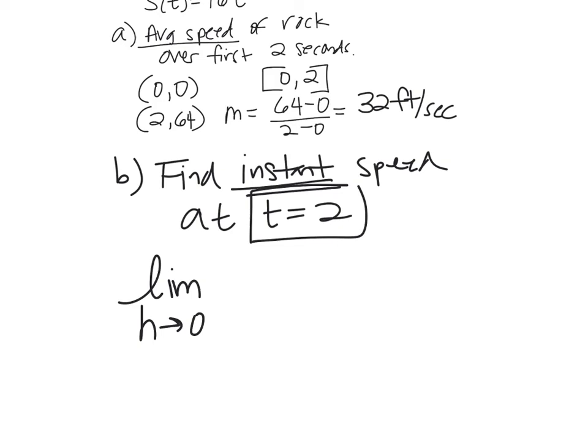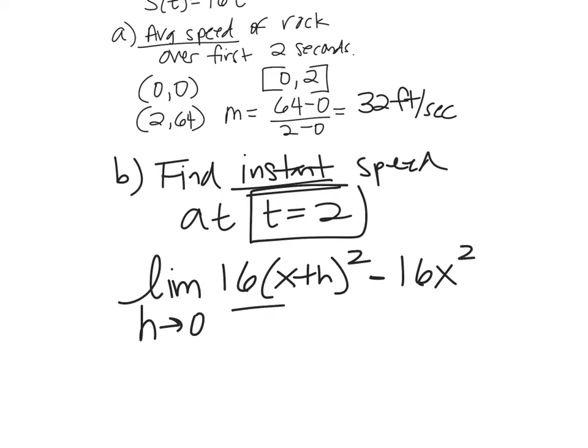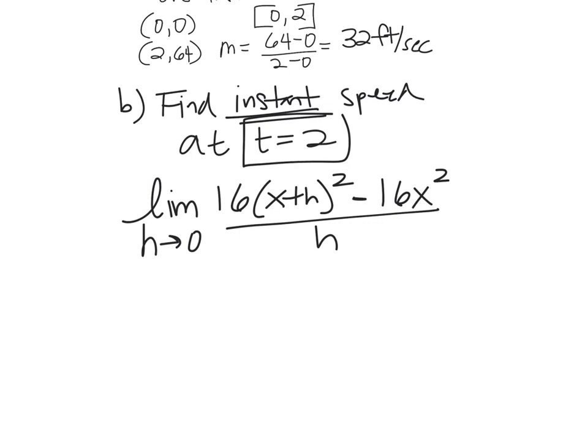So we're going to do f of x plus h. So we'll do 16 times x plus h squared. You could use t instead of x if you want to, but it's fine if you don't. Minus f of x, 16x squared, all over h. All right, here we go. We're going to FOIL and distribute.